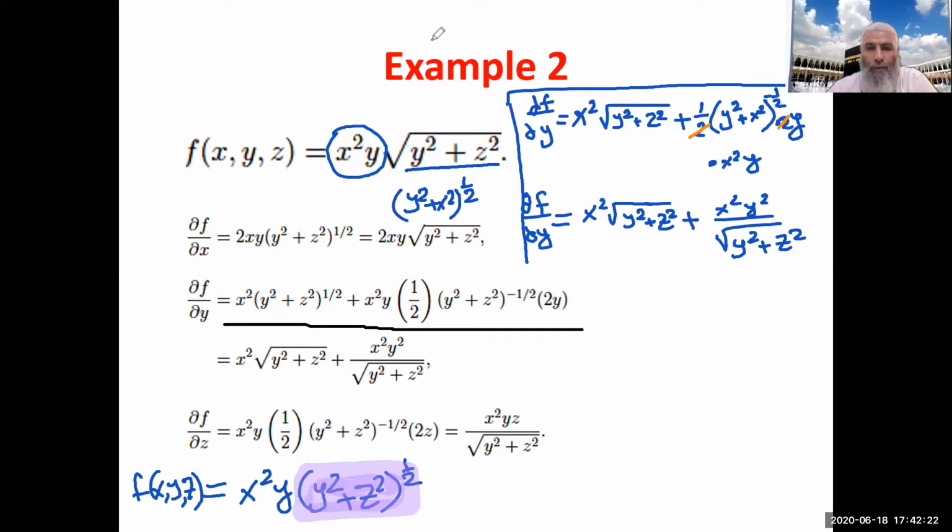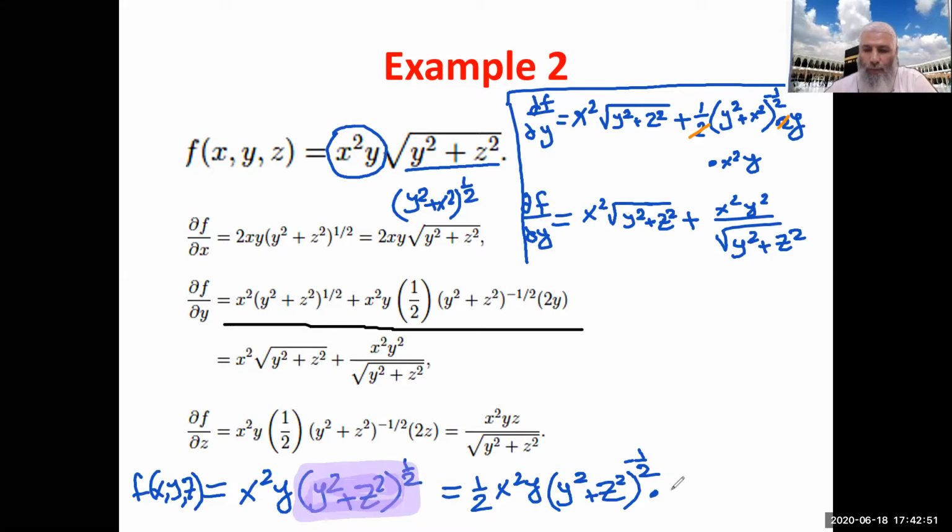The derivative of this part is 1/2. We take the 1/2 multiplied, and x squared y is the same, we will not do anything with it. And in this bracket we subtract 1 from the power, multiply the derivative of the inner of this bracket.